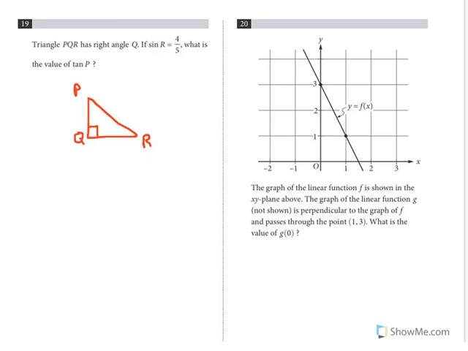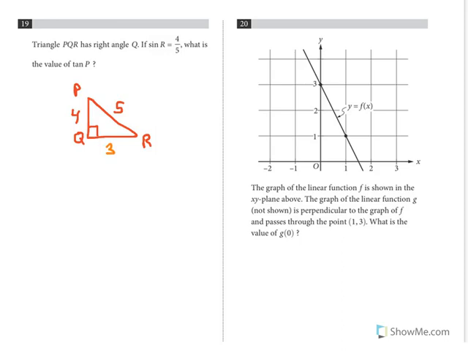And we know the sine is opposite over hypotenuse. So the sine of R, we've got 4/5. And we want to know what is the tangent of P. And of course, tangent is opposite over adjacent. So we need to look at this and recognize that we've got a Pythagorean triple here. If we have hypotenuse 5 and one side length is 4, that means our other side length has to be 3.